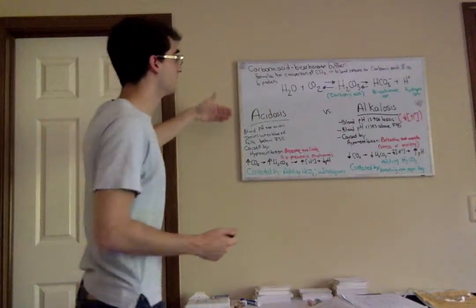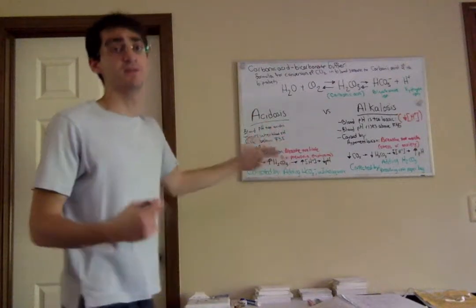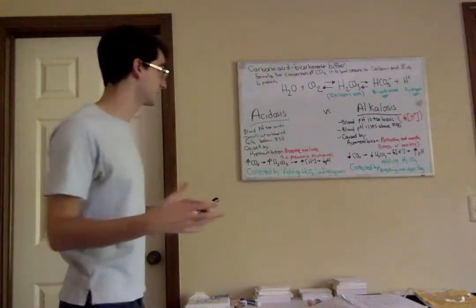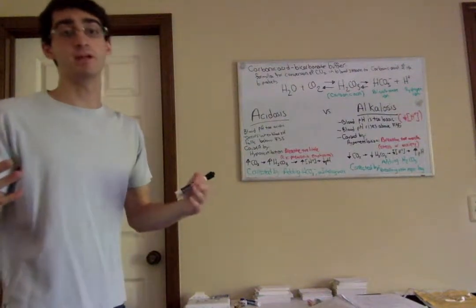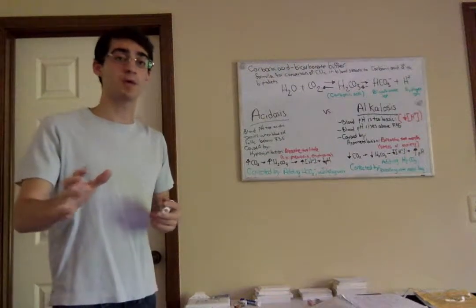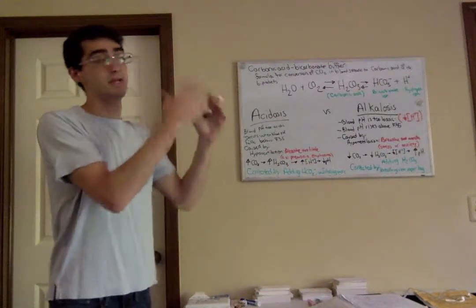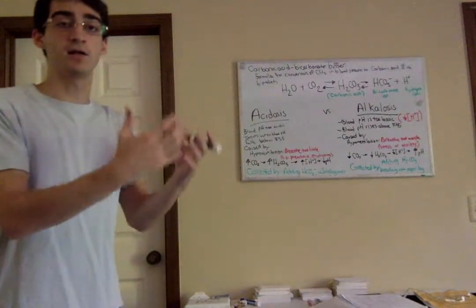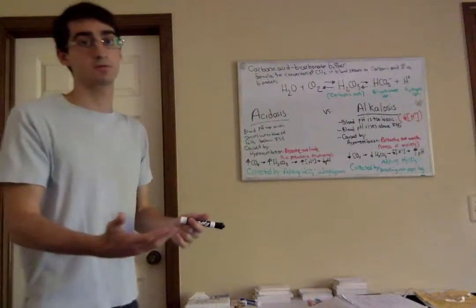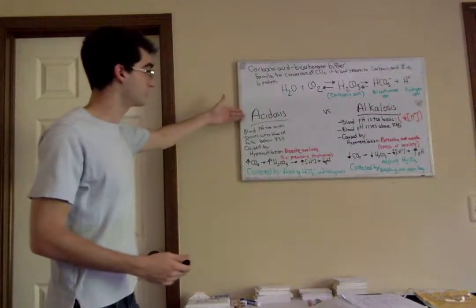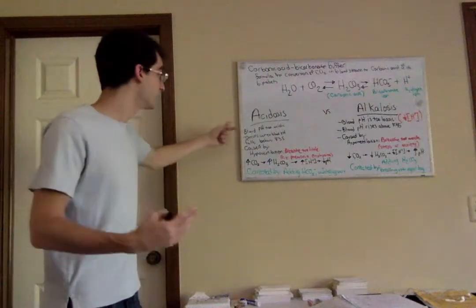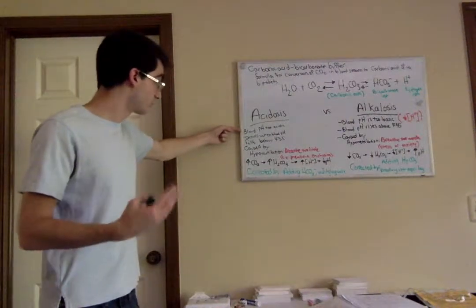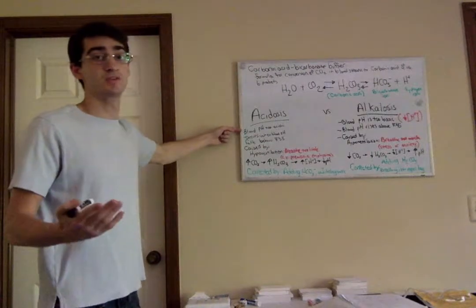Now, jumping into the huge chunk of this lecture: acidosis versus alkalosis. One of the beautiful things about biology is that the names often tell you what they're describing. Acidosis has something to do with an acid. It's when the blood pH is too acidic.